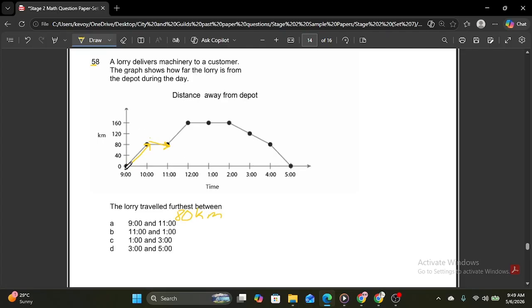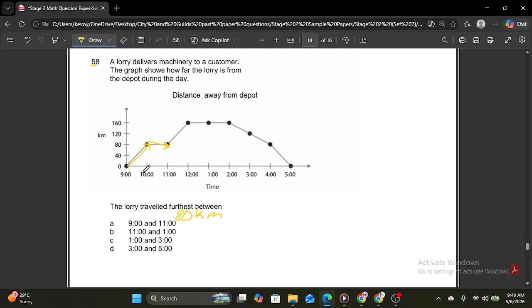As I said before, from 9 to 10 he was already at 80 kilometers. When 11 o'clock came, it was still 80 kilometers away from the depot, so he didn't move at all. So it was 80 kilometers.